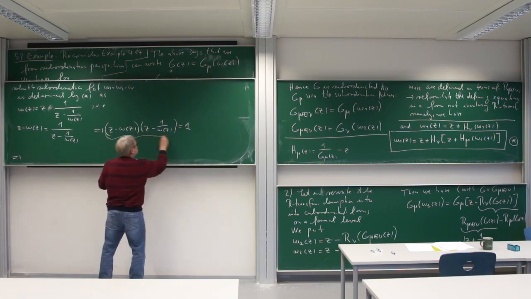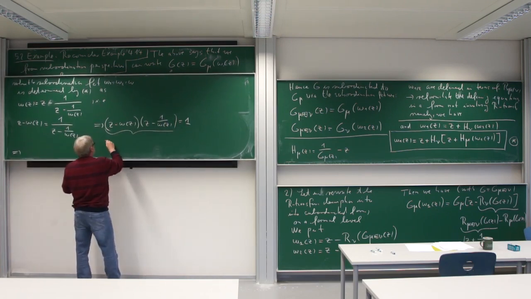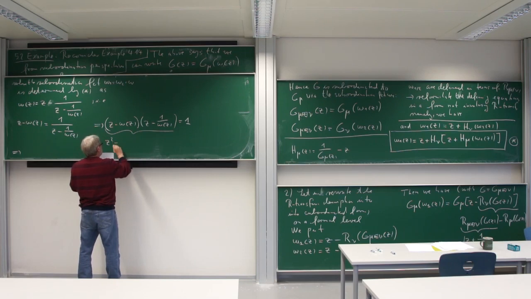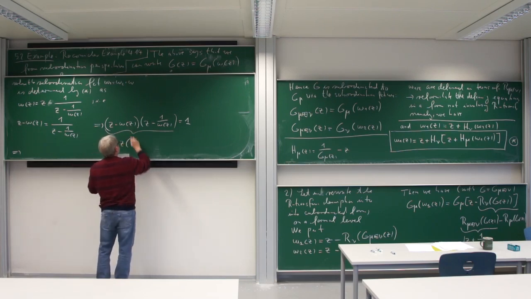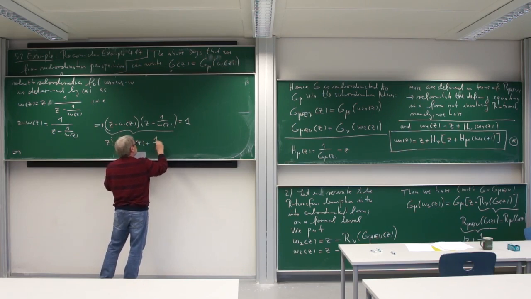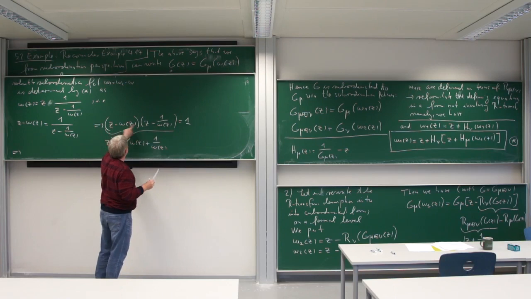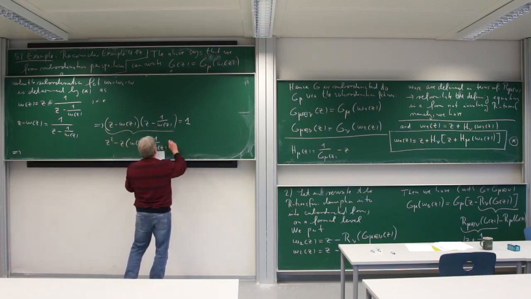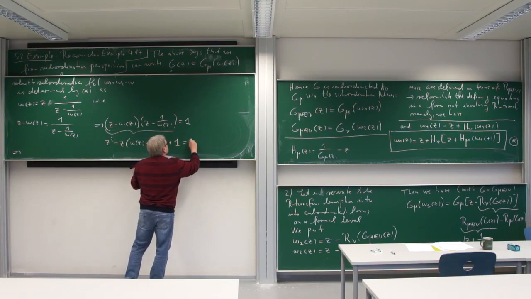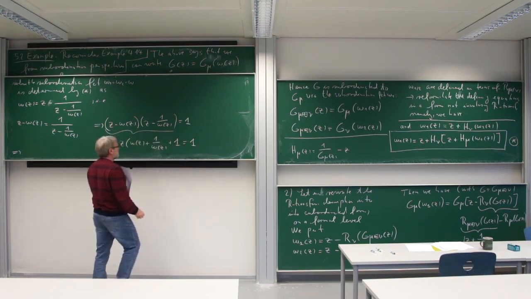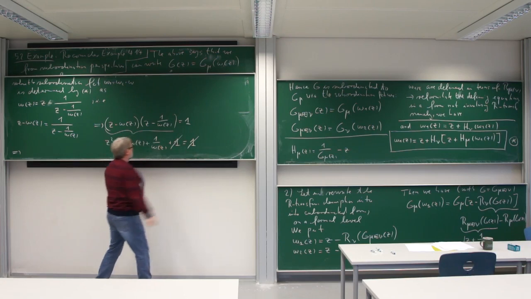And if I multiply this out, I get Z squared minus Z omega of Z plus 1 over omega of Z. So this is this times this, and this times this, and then I will remain this plus omega of Z times 1 over omega of Z, which is 1 plus 1. And this is equal to 1. So you see the ones go away.